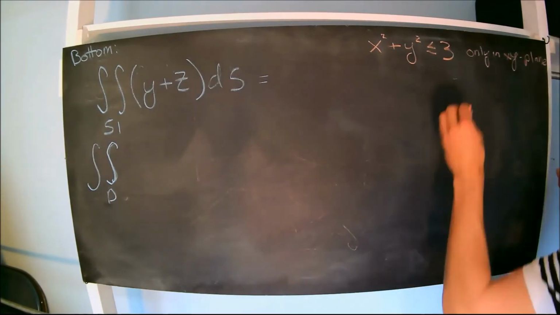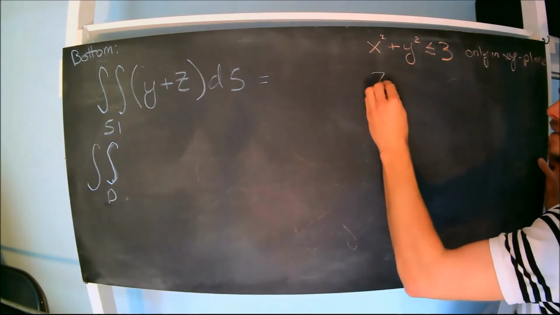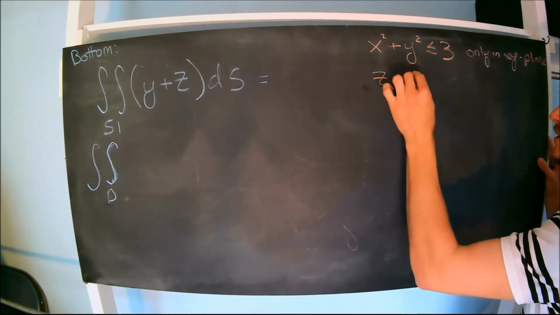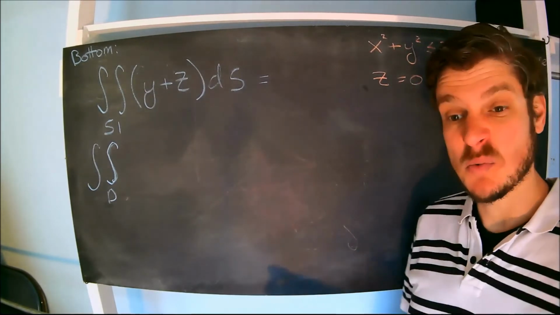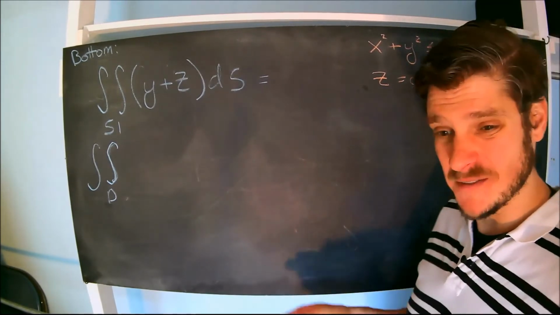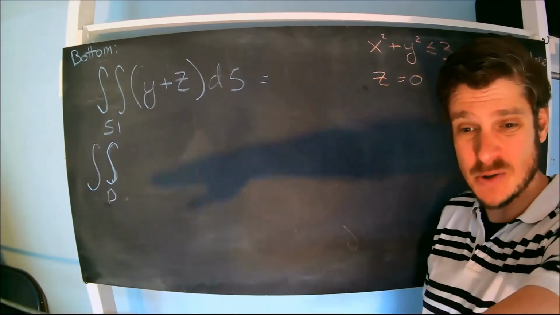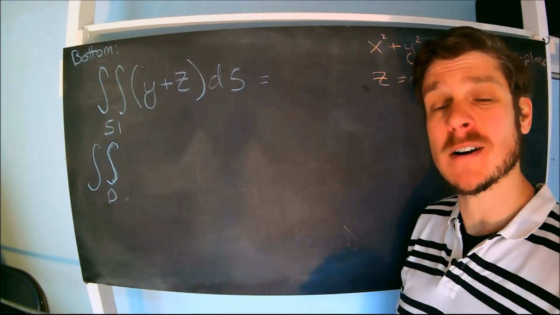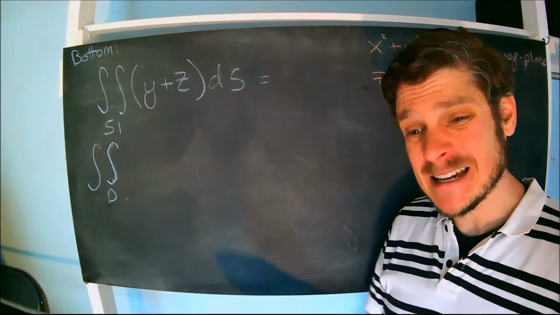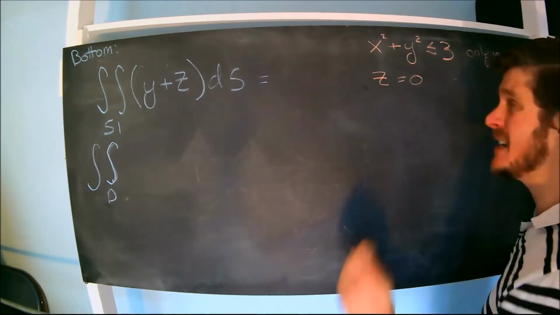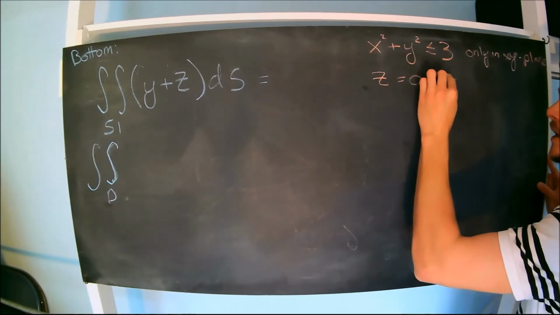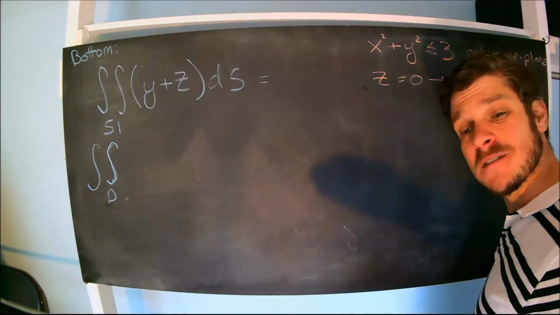That means z equals 0. And what I'm going to do is treat this surface as if it is just the plane z equals 0, that flat plane, but my region D is going to be the circle.